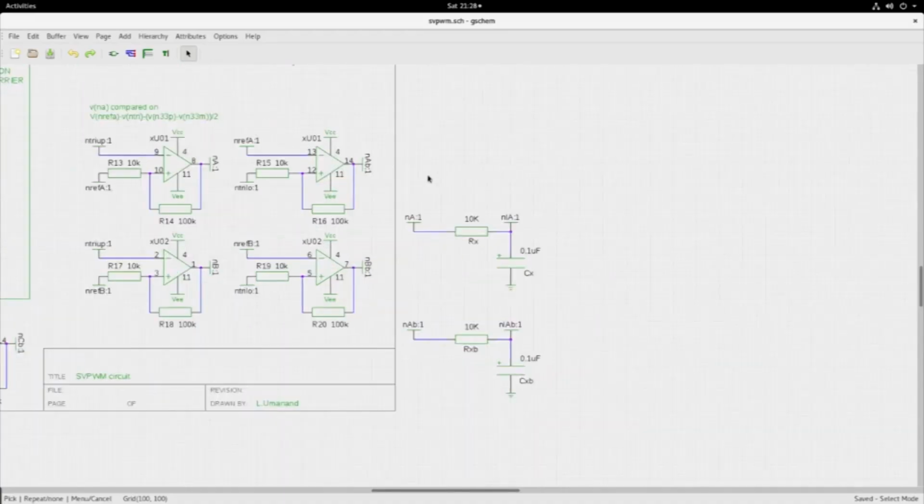I have included two filters here, one taking from this output NA and the other taking from NAB, passed through a simple RC filter, just to have a look at what kind of waveform there is, what is the modulating waveform. We have introduced the triplen. Does it also have that triplen harmonic in the waveform?